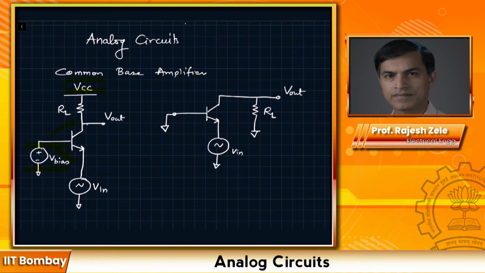Vin is applied over here and Vout is at the collector. From this, we can go to a detailed small signal model. In this particular case, we will ignore the Rout of the bipolar transistor Q1 and do a first cut small signal analysis.